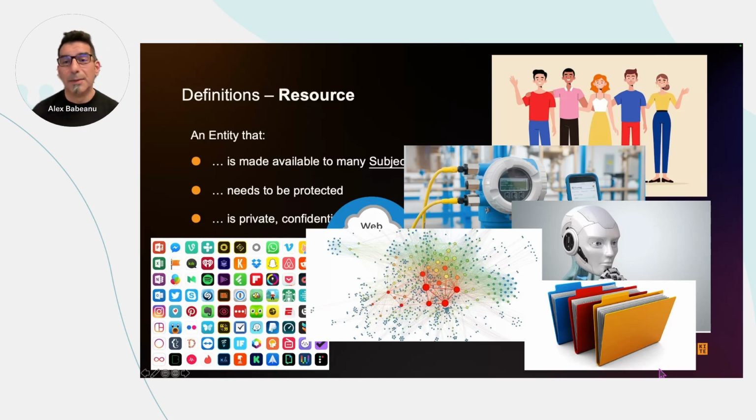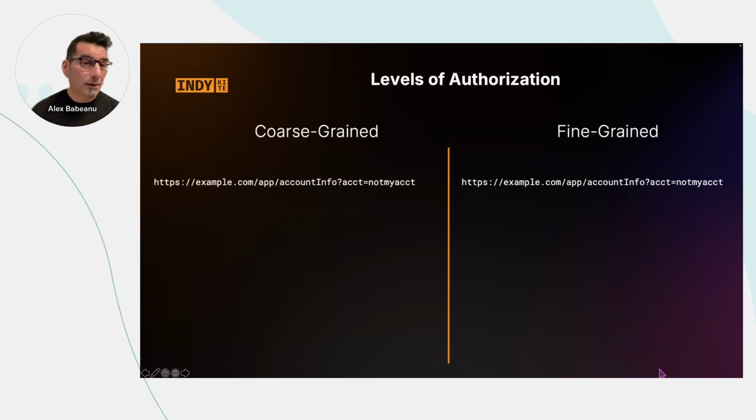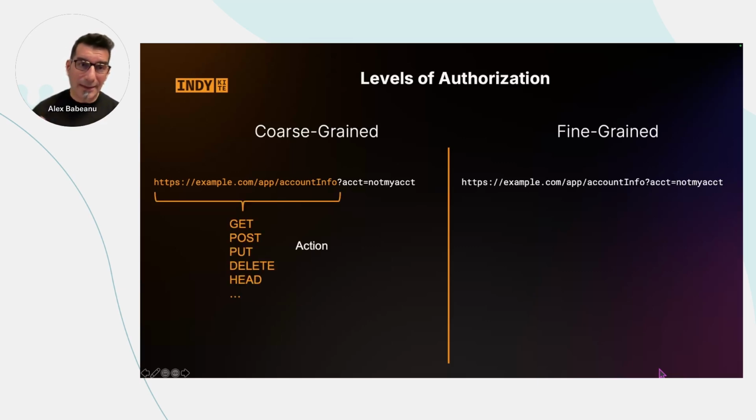All right, good. So there are several levels of authorization. This is dictated by the granularity of the resource we're trying to protect. We have coarse-grained access control and fine-grained access control. So taking our API or our URL, the one that we looked at earlier, coarse-grained access control would be concerned with protecting the actual endpoint, so this part of the URL. And in addition to that, we would require a verb or an action.